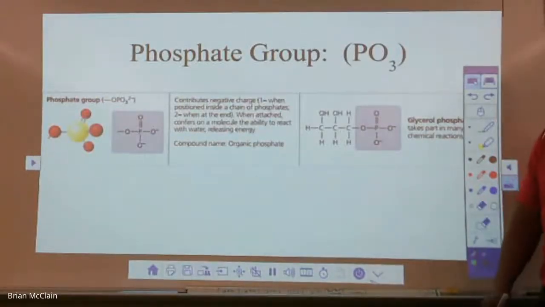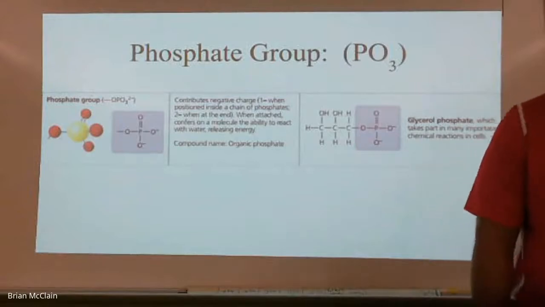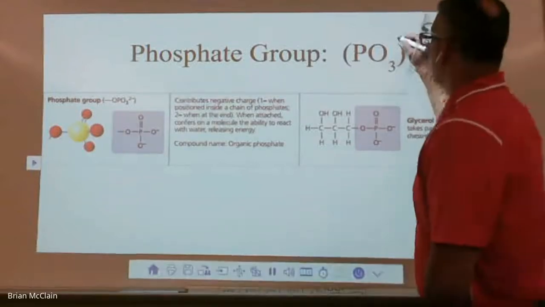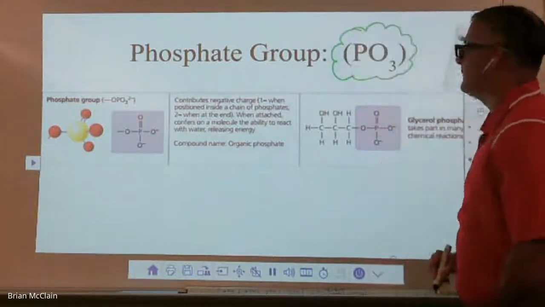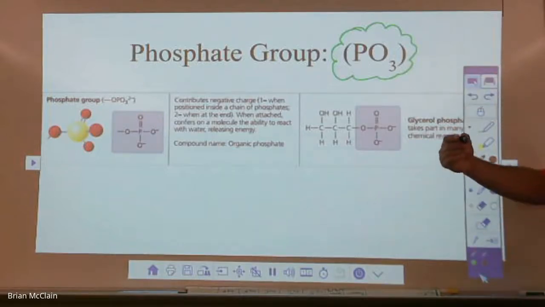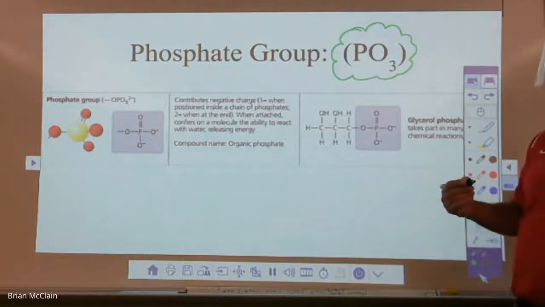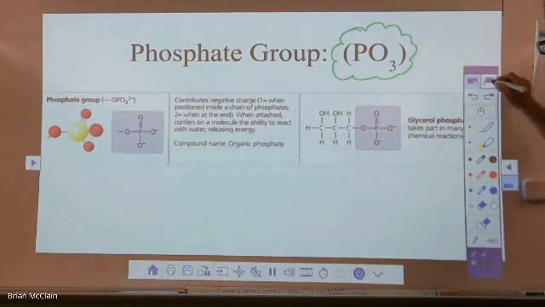Okay, moving along, the phosphate group. When you start to think of phosphate, we can see right here PO3, but in many instances it's going to have a greater pool, and ultimately it's going to become ionized and change, which we will see in just a second.